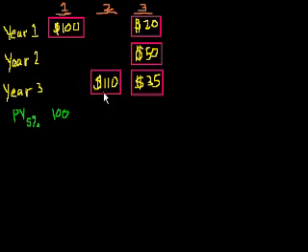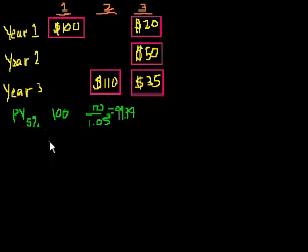The $110 in 2 years, we got by doing 110 divided by 1.05 squared. You divide by 1.05, then divide by 1.05 again, and then we got $99.77.